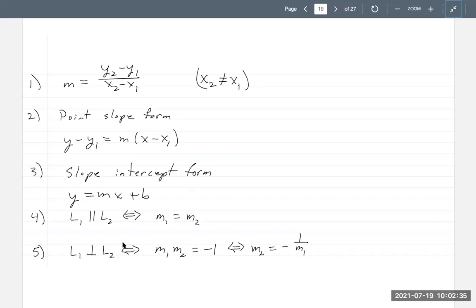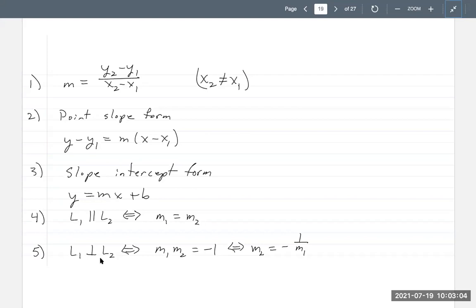But if m1 doesn't exist, then neither does m2. If you make that assumption, then this is an if and only if. So m1 is equal to m2 if and only if L1 is parallel to L2. So if you have two vertical lines, meaning their slopes don't exist, then they are parallel. So that takes that into consideration.